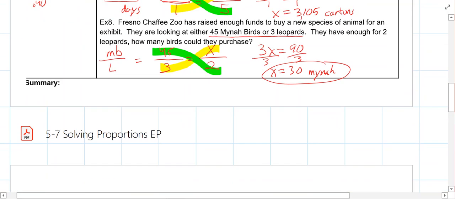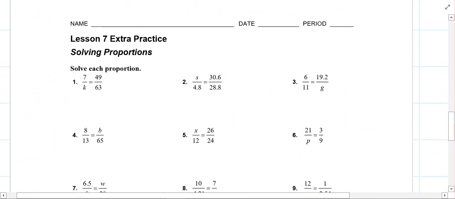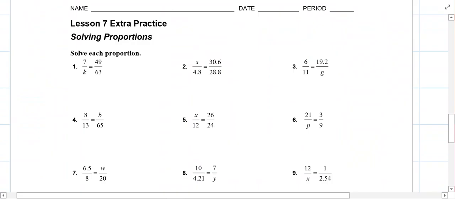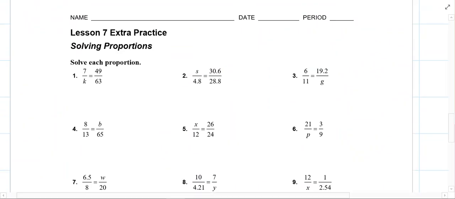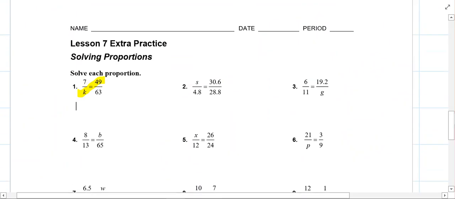Let's go practice some of the assignment. All right, this is going to be repetitive over and over. All we have to do is set them equal to each other as cross products. K times 49 is 49K, is equal to 7 times 63, and you bring out your calculator.